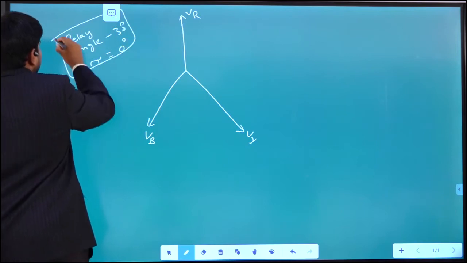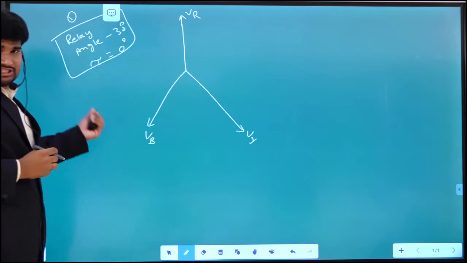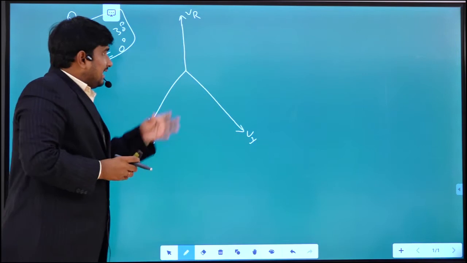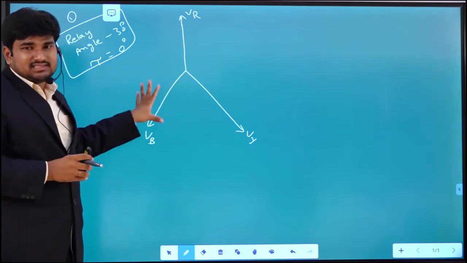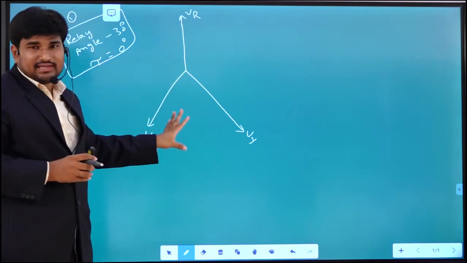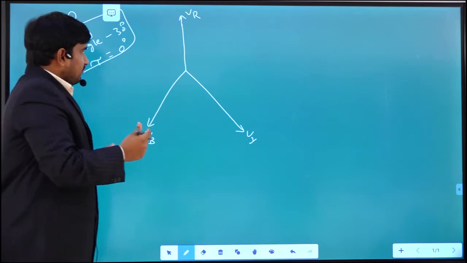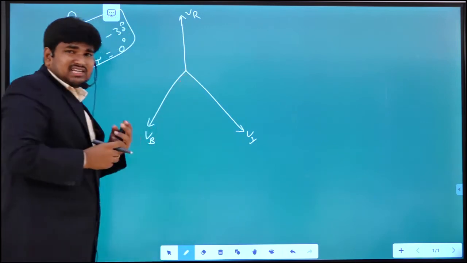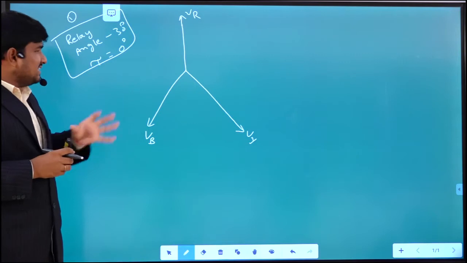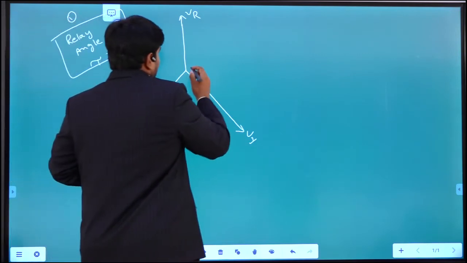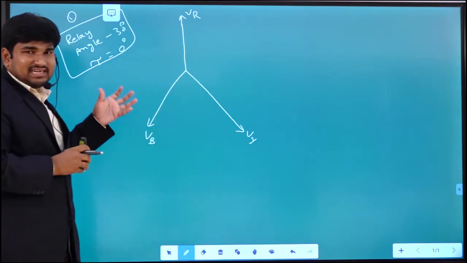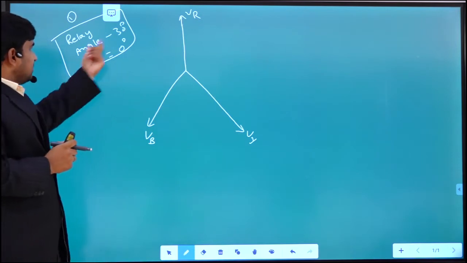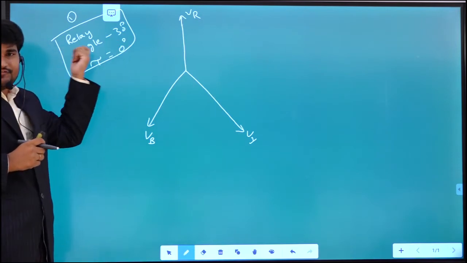So this is the first type of connection. Let us take three-phase balanced voltages, which is the phase voltage. The potential coil will be connected such that the angle between voltage and current will be 30 degrees, as the relay angle defines.